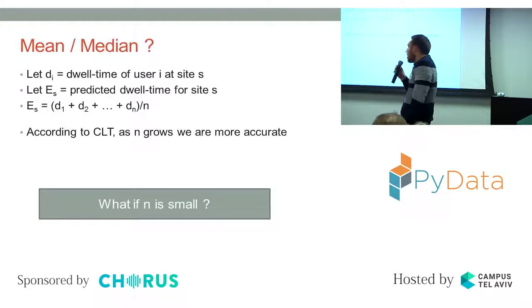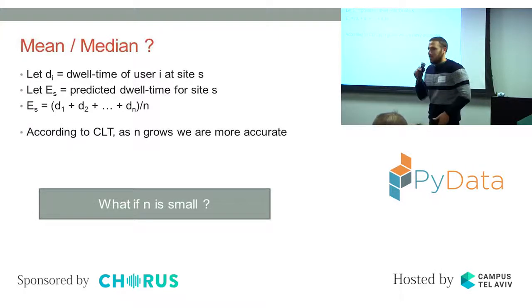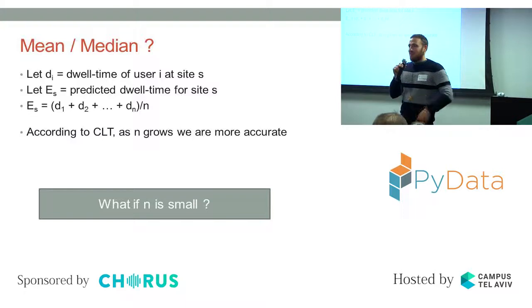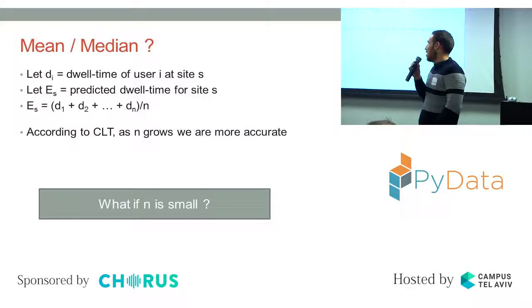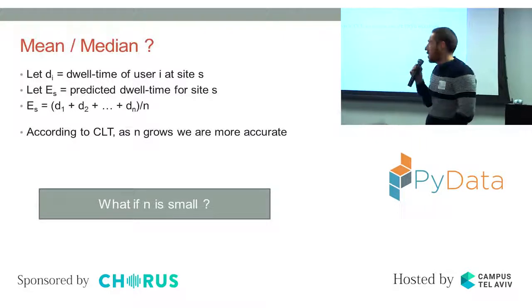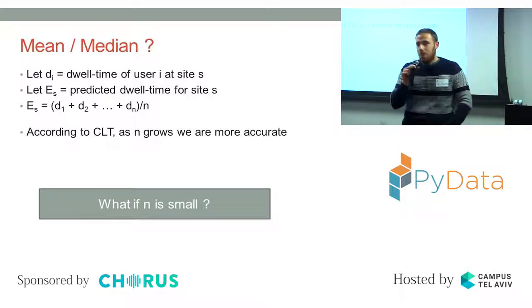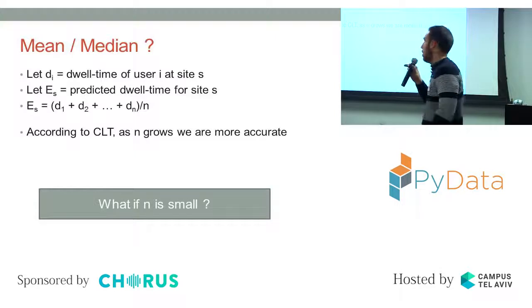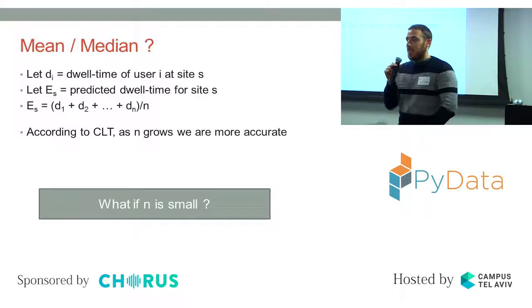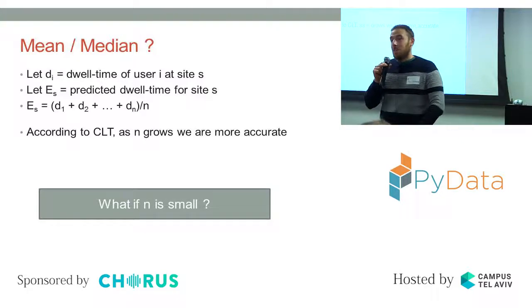Given this kind of poor data, there isn't a lot we can do. The straightforward approach that everyone is going to take is to average the dwell times of other users who visited the same site. A moment about the notation: D_i is the dwell time of user i on our website, for example website S, and E_S is our best prediction, the expectancy.